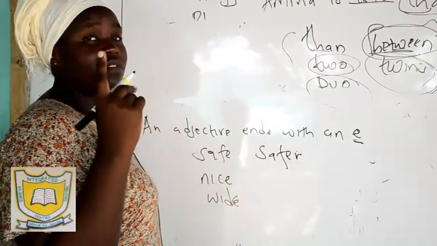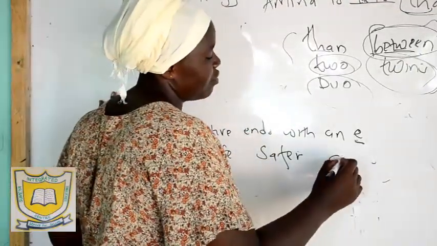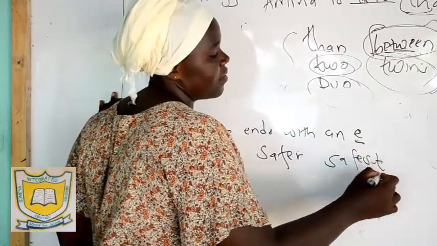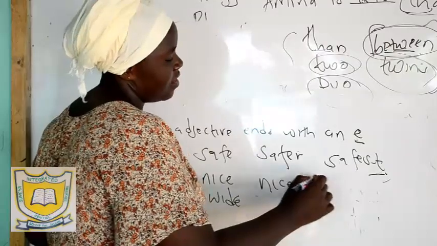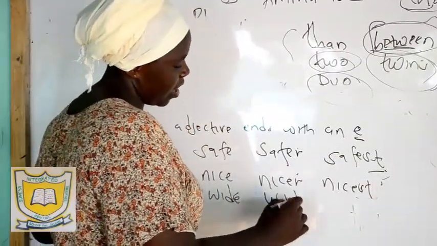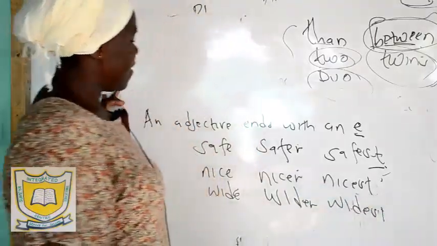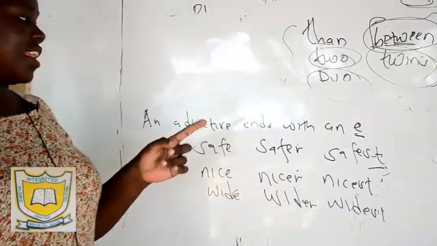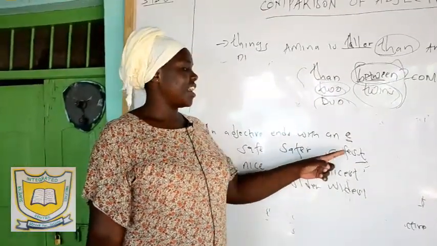And then when it comes to the superlative, you simply add an what? St. For example, it is going to be what? Safe, safer, safest. We have nice, then you have nicer, nicest. You have wide, then you have wider, and then you have widest. What did I say? If an adjective ends with an e, you simply add an r in the comparative and an st in the superlative.